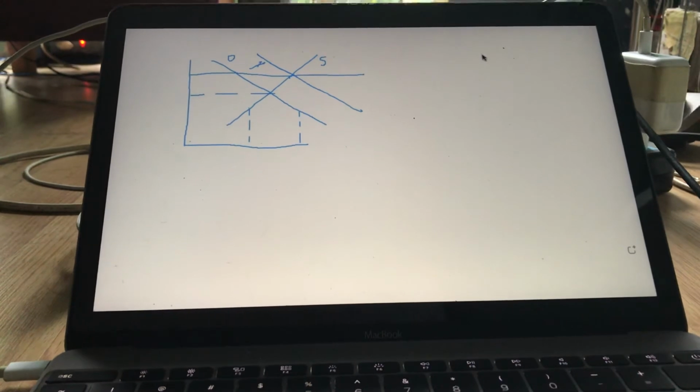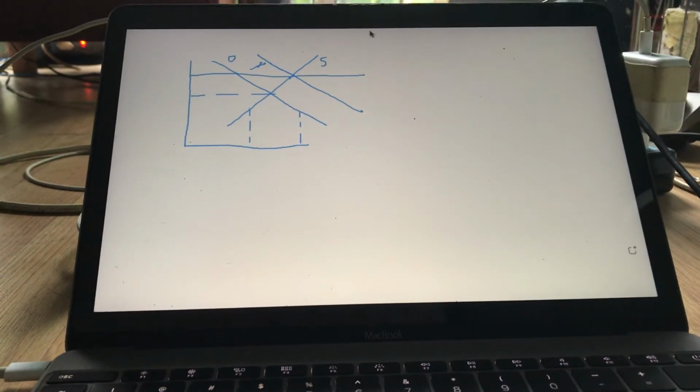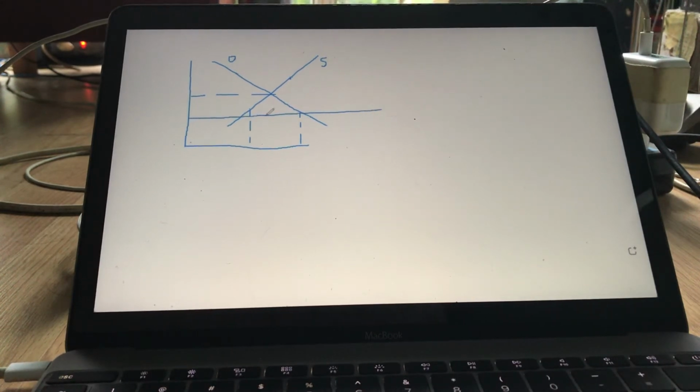So we should have the opposite case, right? If the central rate is less than the equilibrium rate, we have an excess in the demand.